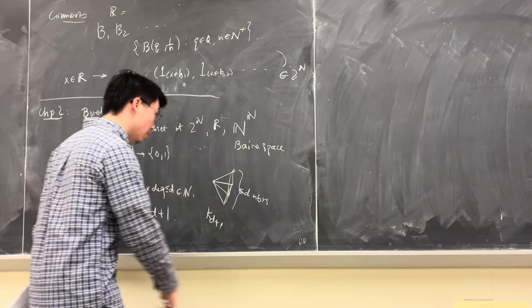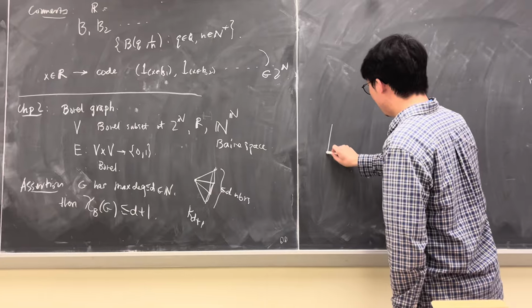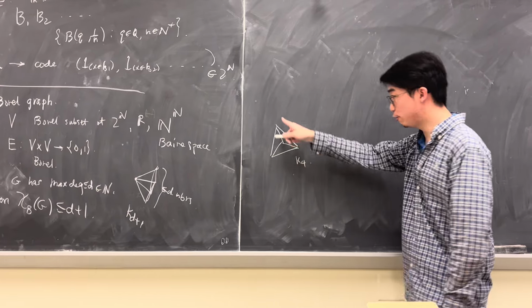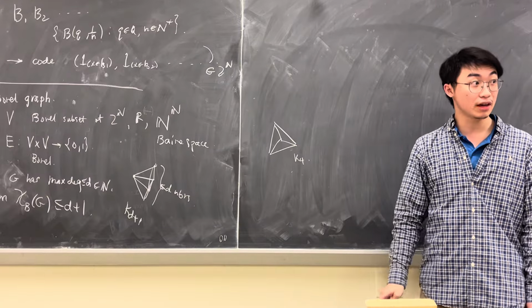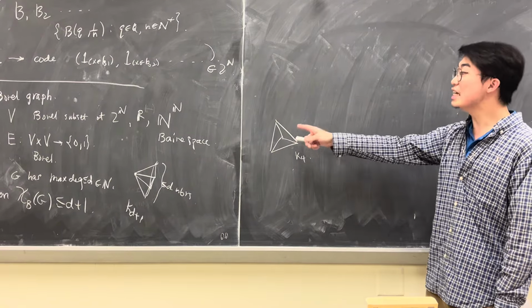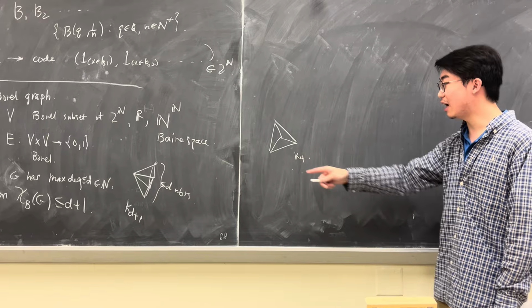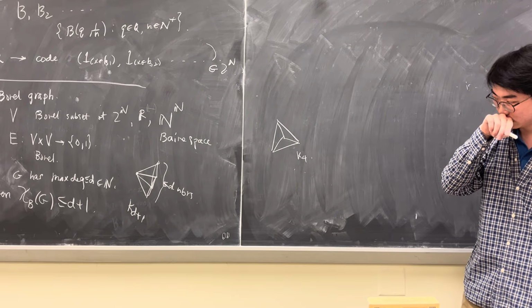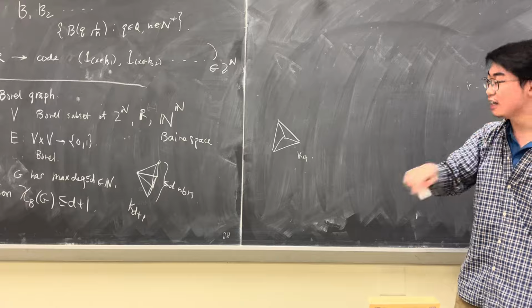Maybe I'll start with a smaller graph. This is K4. I have 4 vertices, and every vertex is connected to every other vertex. And I need 4 colors for this.